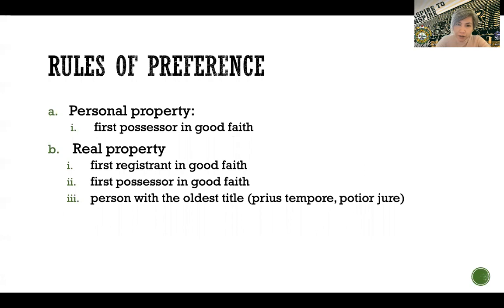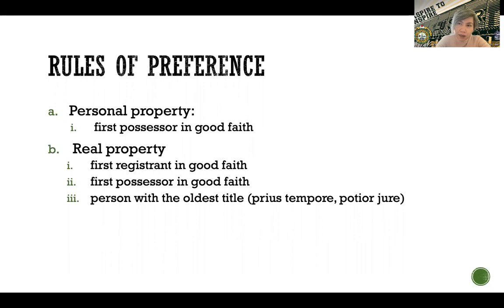So what are these rules of preference? If it's personal property, then the rule is that the first to possess in good faith shall be preferred. And as to real property, na to look at tiers ang preference. The first one will be the first registrant in good faith.